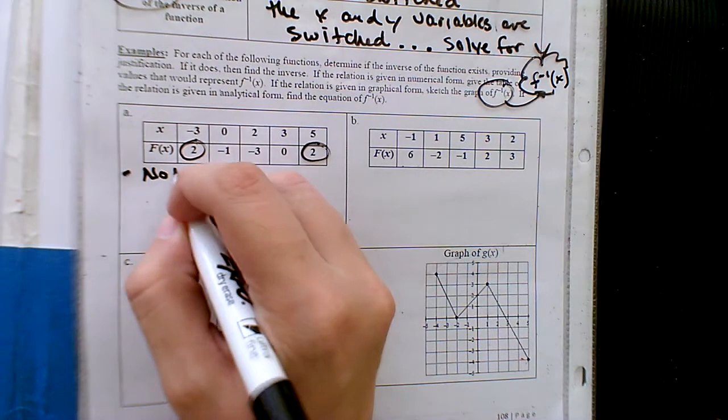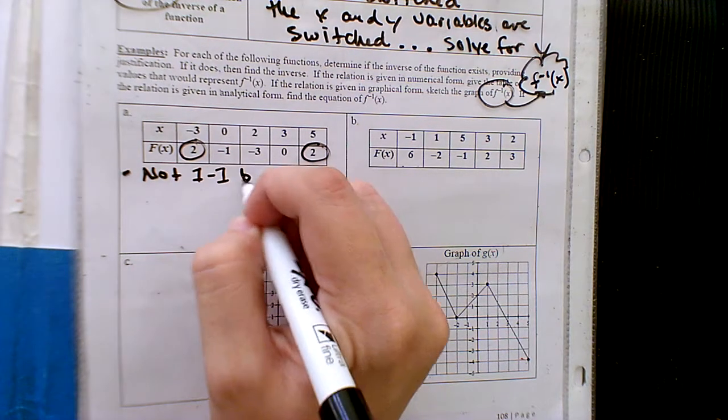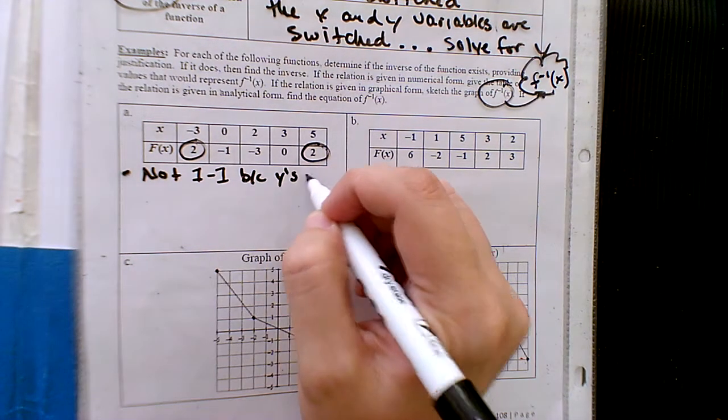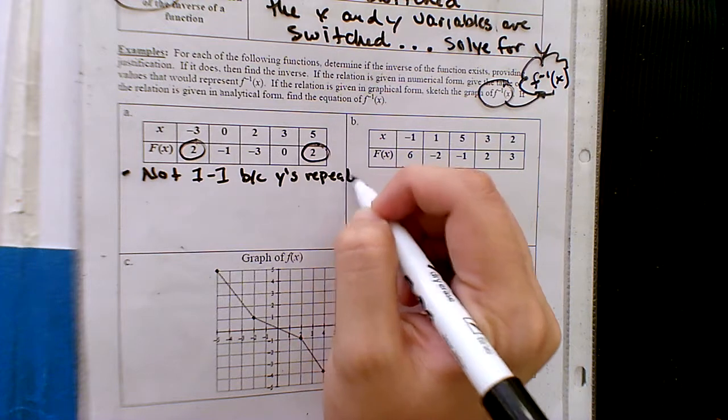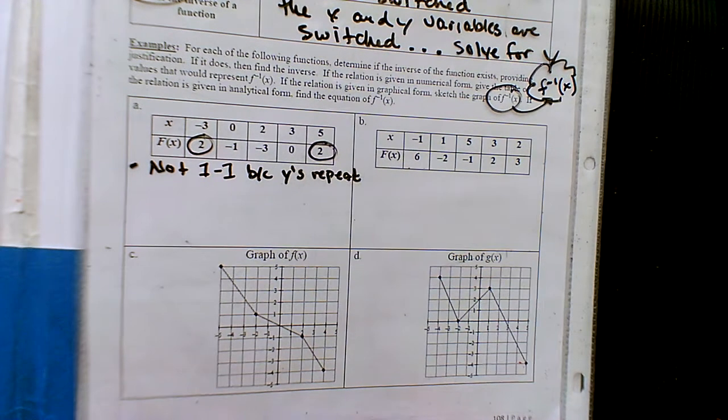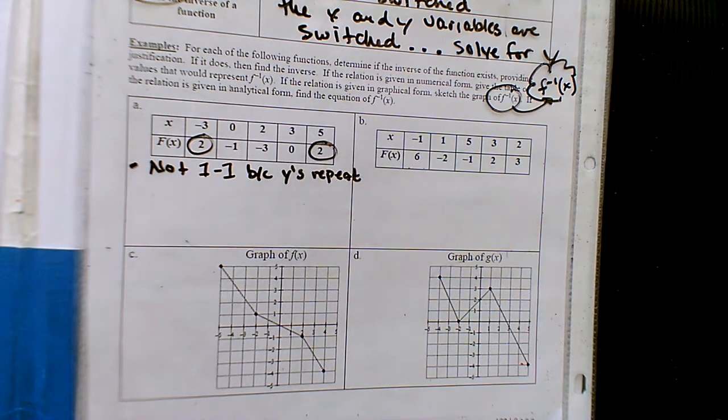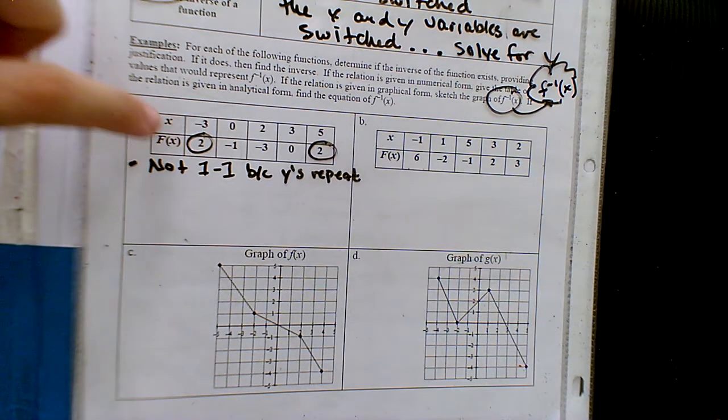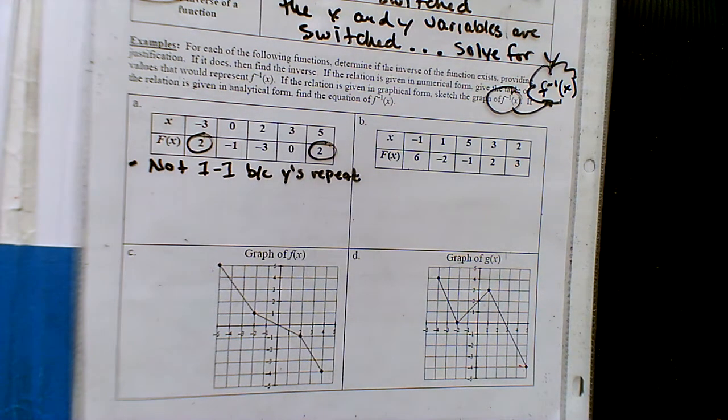No. So not 1 to 1 because at least one set of y's repeat. Notice how it did not matter if the points were connected or not, because we automatically know based off the numbers given to us that it's not 1 to 1.